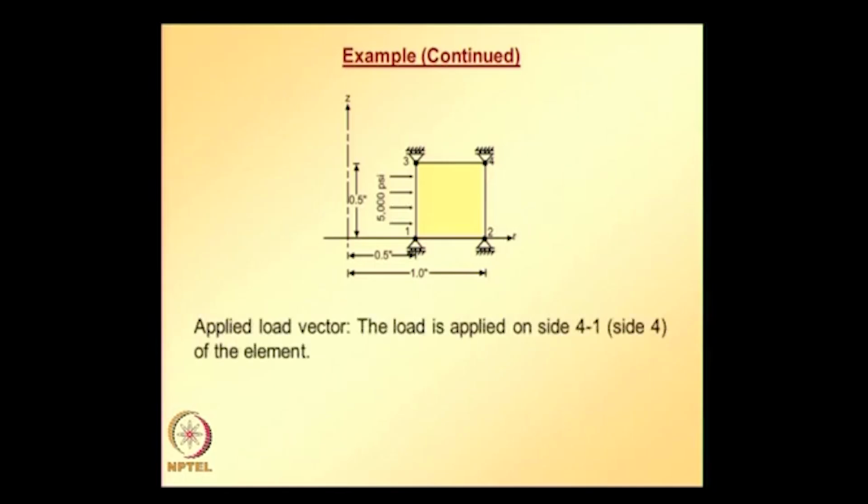So, the load is applied along side 4 1 here. When it is written as 4 1, that is with respect to the local node numbering, and that corresponds to side 4.